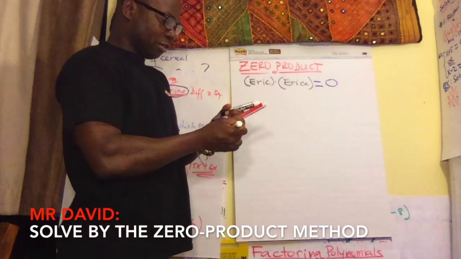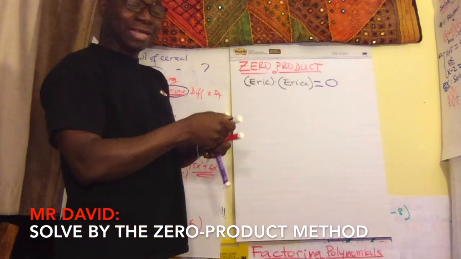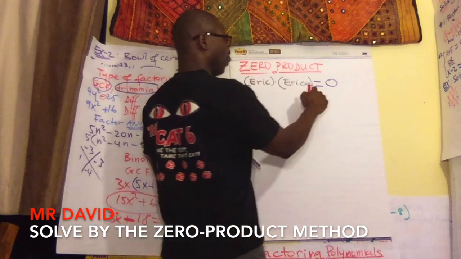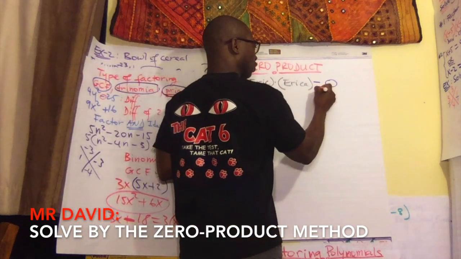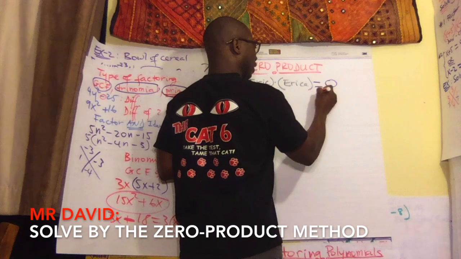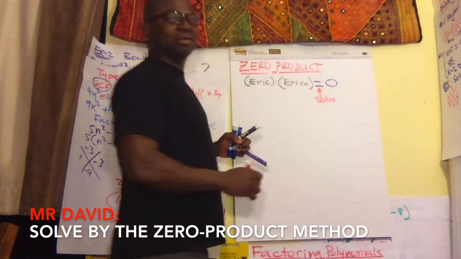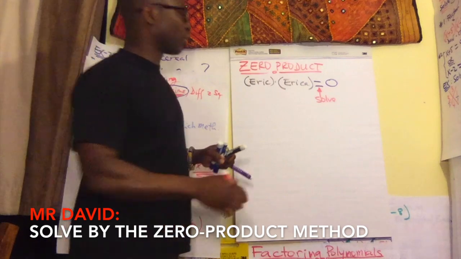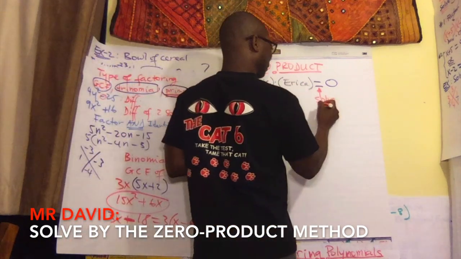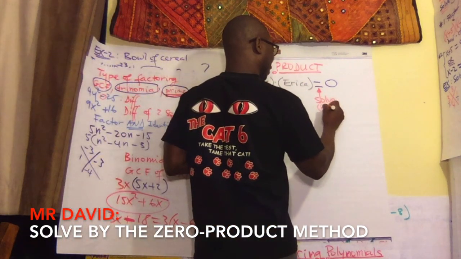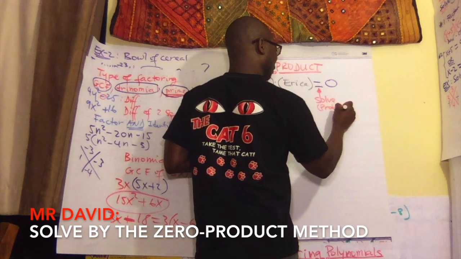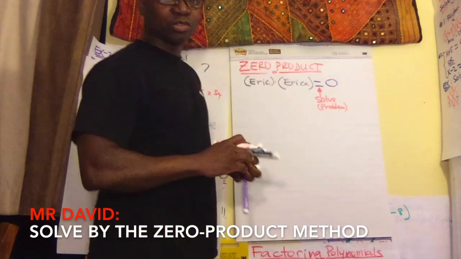From the last lesson, we know that if we have equal, it means we gotta solve, because there's a problem.